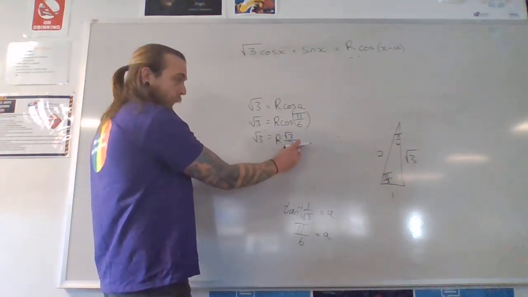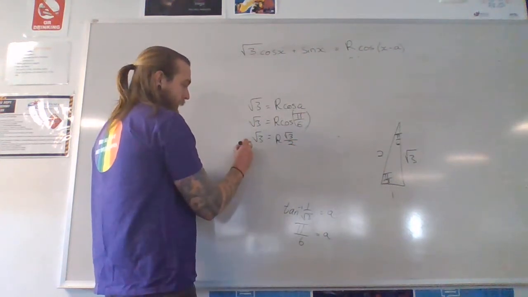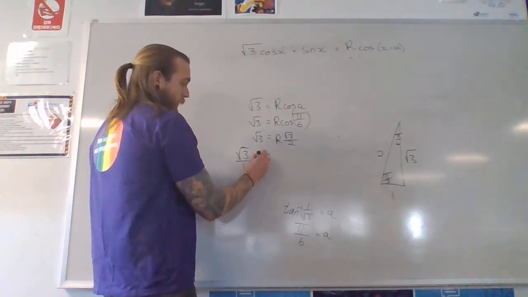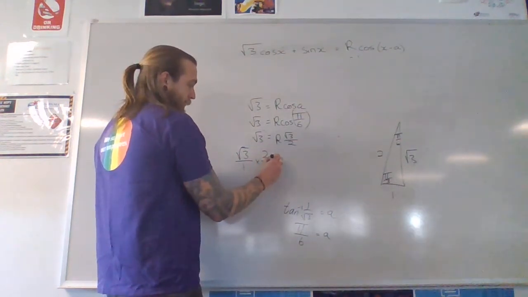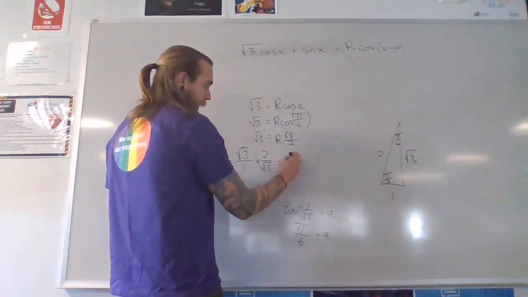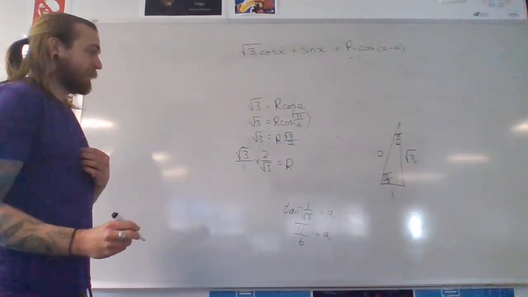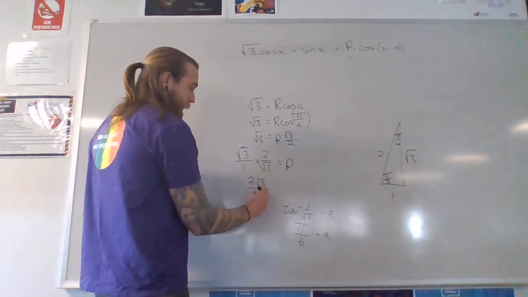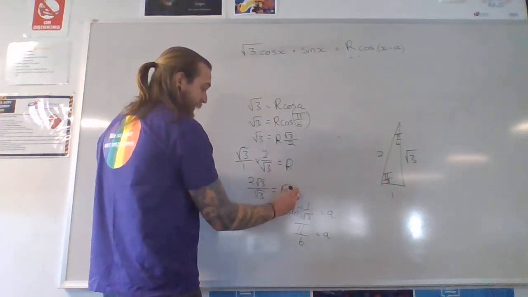If we want to divide by a fraction, we multiply by the reciprocal. So I'm going to do root 3 on 1 multiplied by 2 on root 3. And that's going to equal r. 2 root 3 on root 3 equals r.